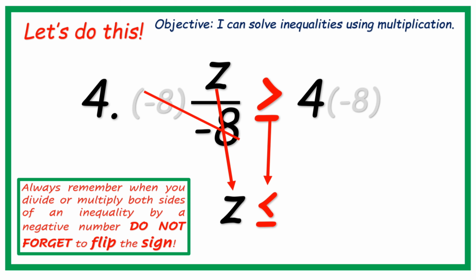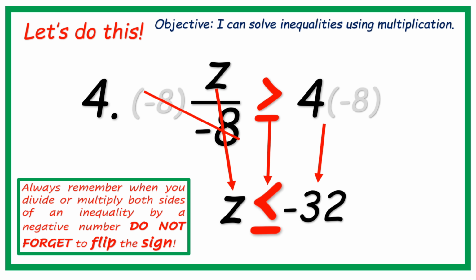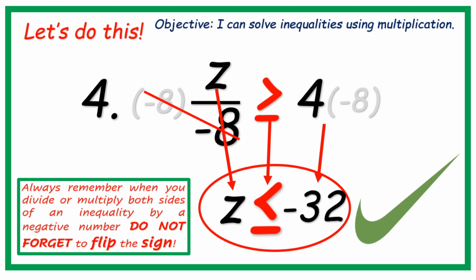Then solve 4 times negative 8. That will give you a negative answer, which is negative 32. We have z is less than or equal to negative 32. You got it.